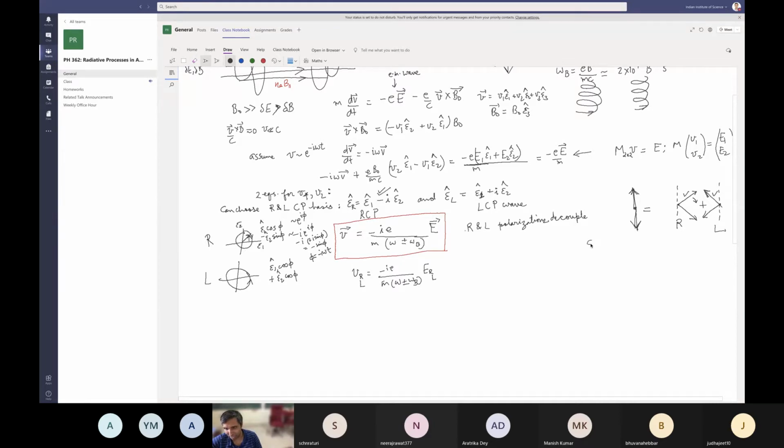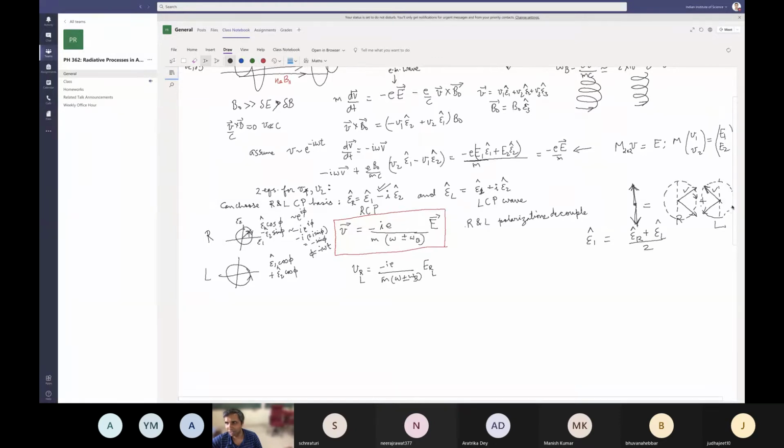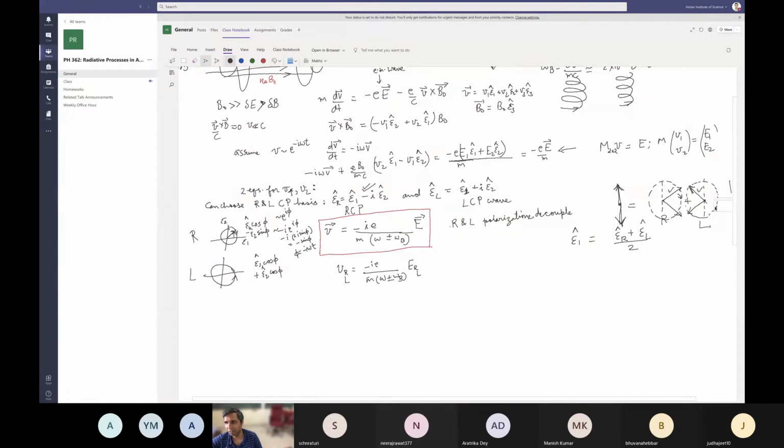In other words, epsilon 1 hat is equal to epsilon R hat plus epsilon L hat, by 2. If I add this and this, I get this. So this is just a diagrammatical representation of the fact that a linearly polarized wave can be written as a combination of circularly polarized waves.